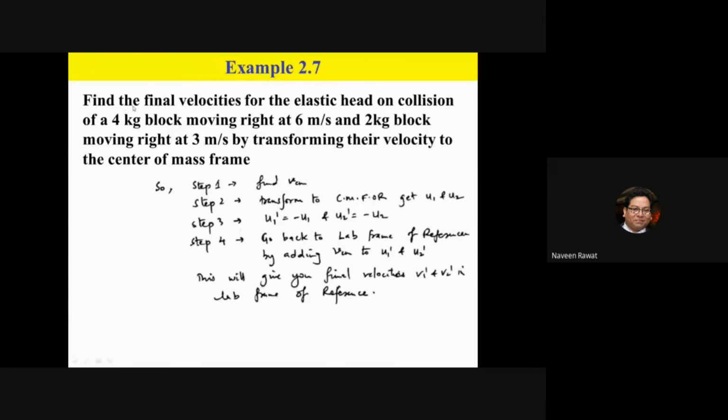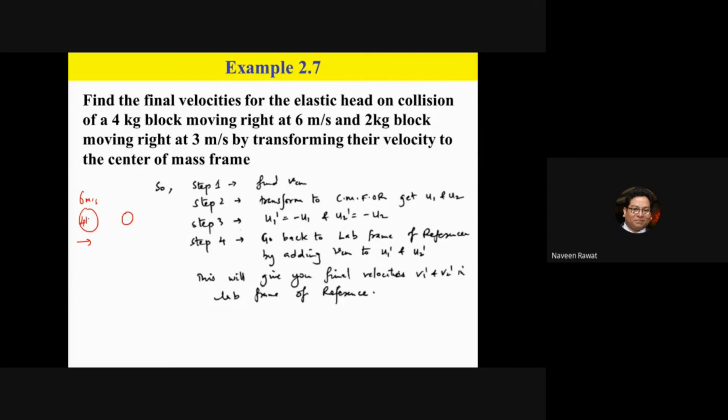The question says find the final velocities of an elastic collision. The things that are colliding are a 4 kg block that is moving with a velocity of 6 meters per second. It's moving this way, and then there is another block which is 2 kg.